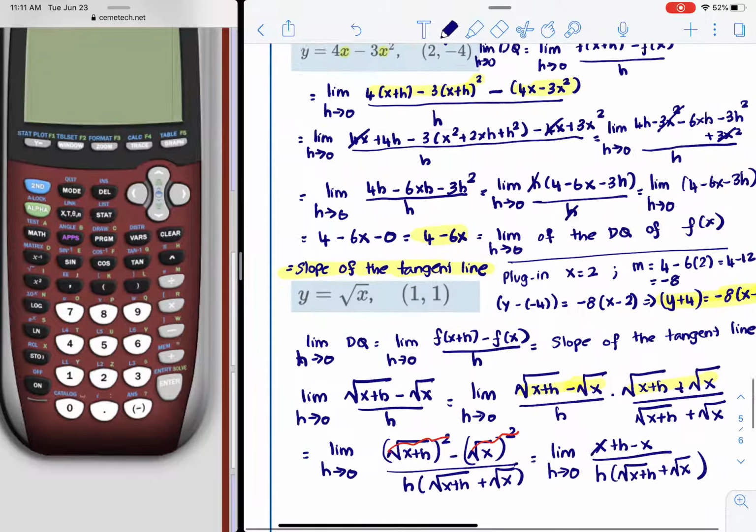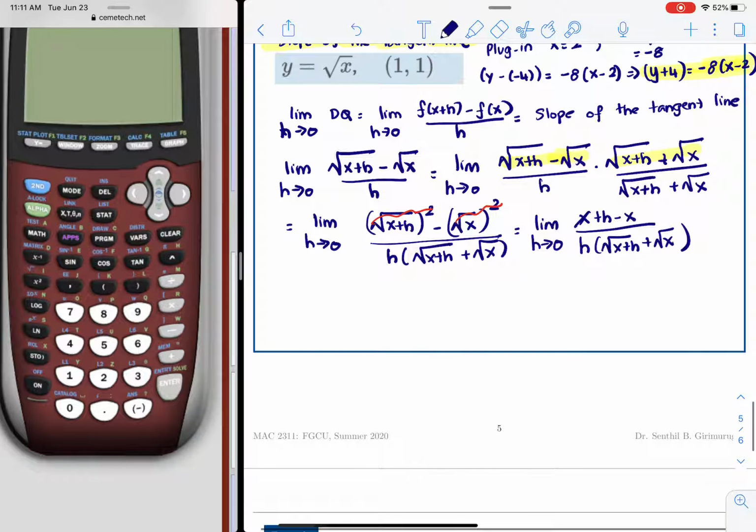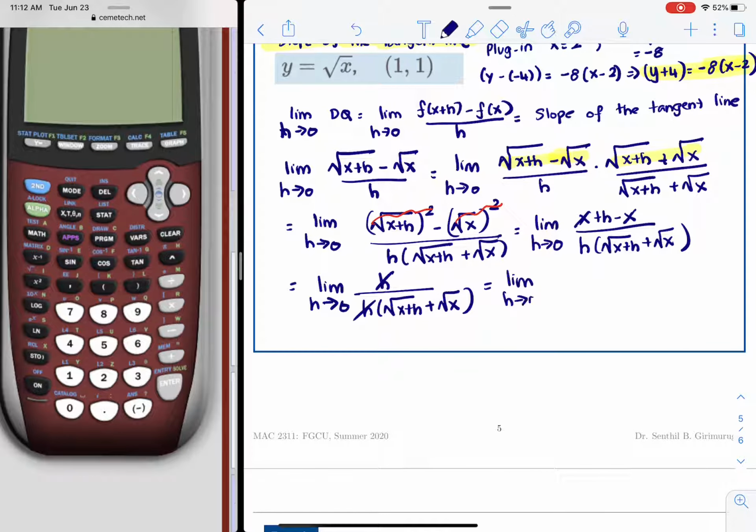The x's would go away, and we'd simply have h divided by h times square root of x plus h plus square root of x. Now the h goes away, and we'll simply have 1 over square root of x plus h plus square root of x.